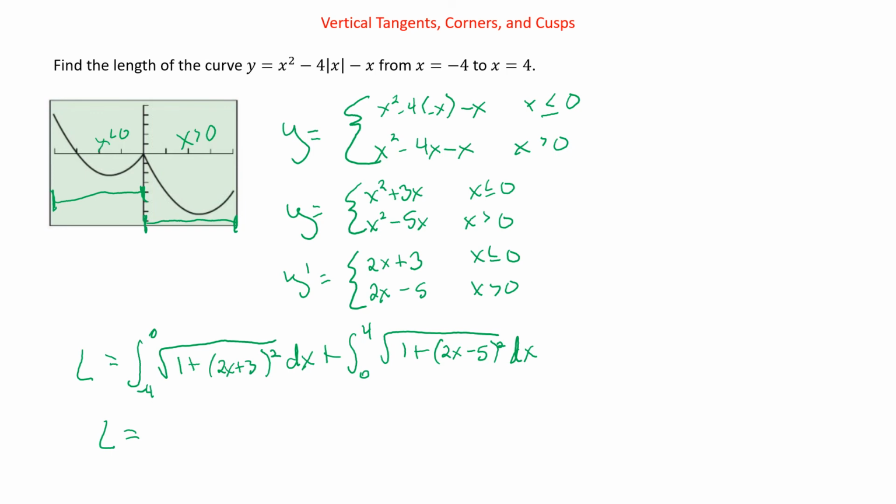Add those two together, and we get 19.556. So that's the length of that curve. If we walked along that curve, that's how far we would go.